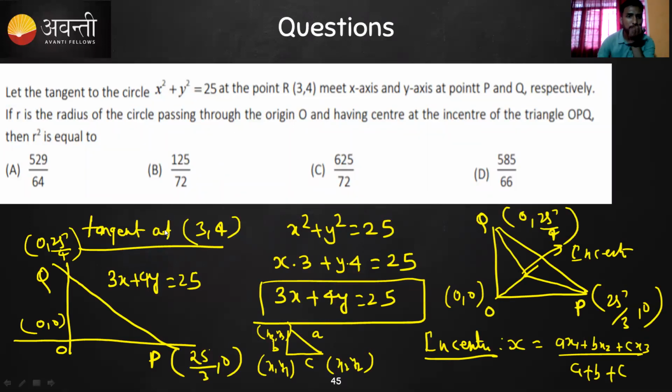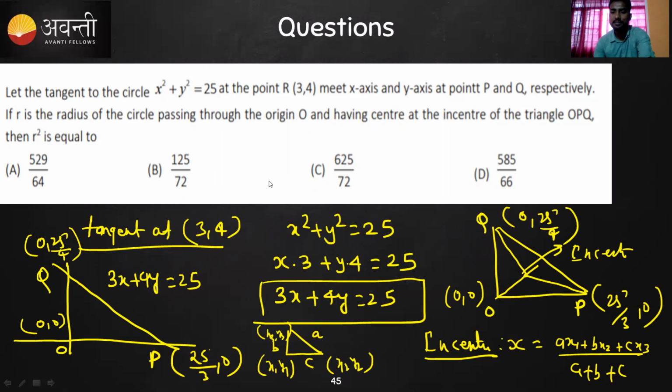R is the radius of the circle passing through the origin. And we have the center also now, 25 by 12 and 25 by 12. So what we can do? We have to find this R square.